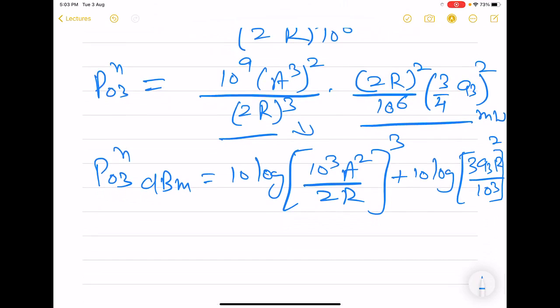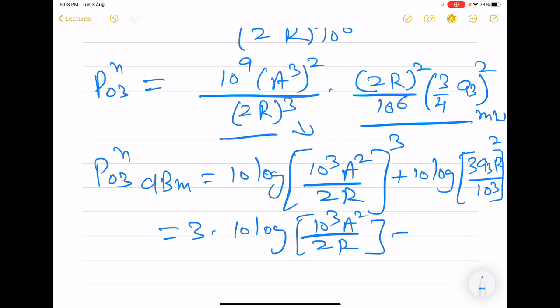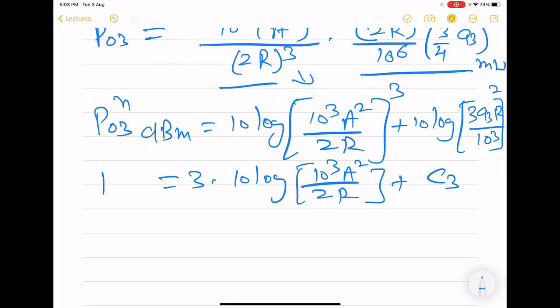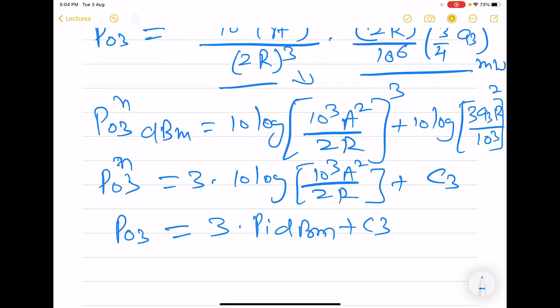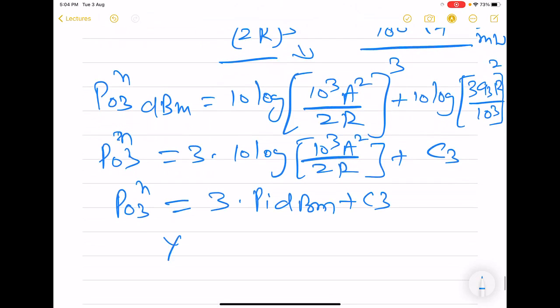Like this. So here this becomes 3 into 10 log 10 raised power 3 a square by 2r plus this constant. So what we now have is 3 into P in dBm plus C3. So this gives rise to the equation y is equal to 3x plus C3.